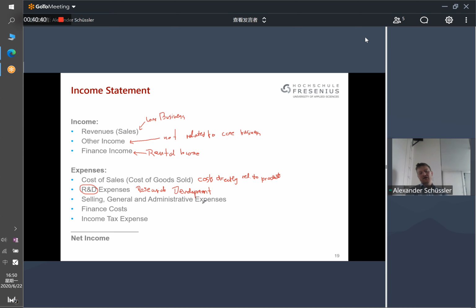What is also in this category is, for example, marketing costs. Marketing costs are also SG&A. Sometimes you call that overhead costs, because it's overhead. It's not related to a single product.